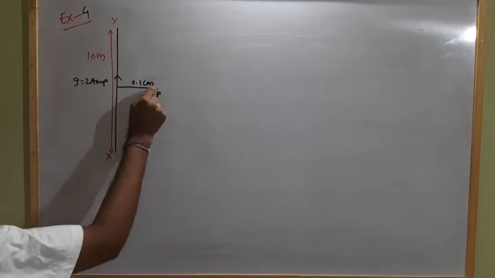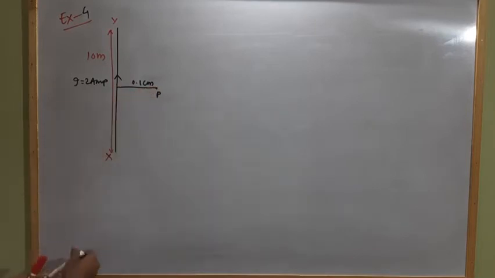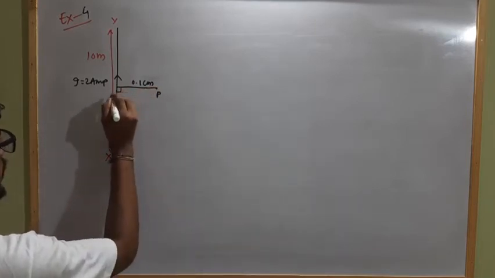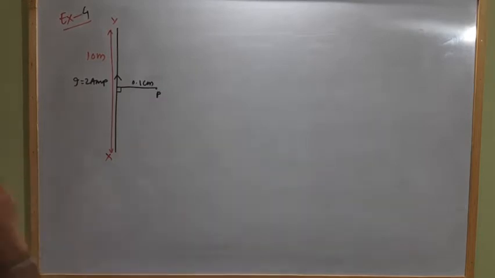And here is a point of observation P which is at a perpendicular distance from this current carrying conductor of 0.1 centimeter.